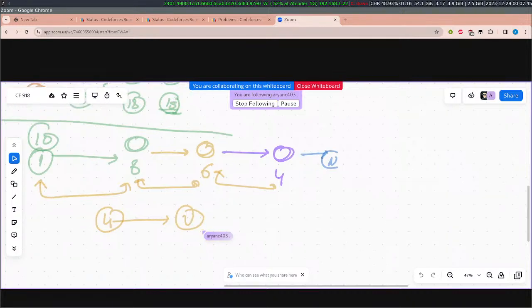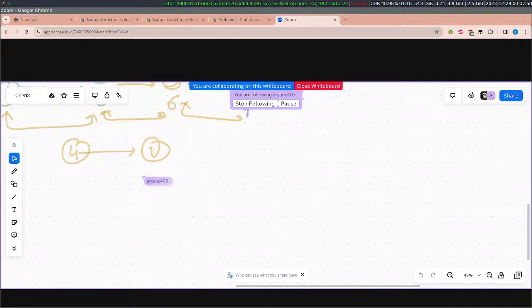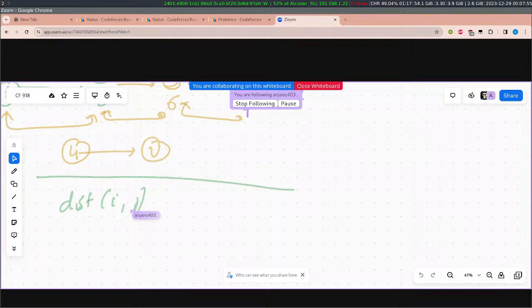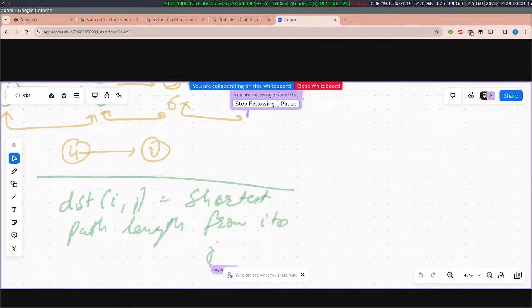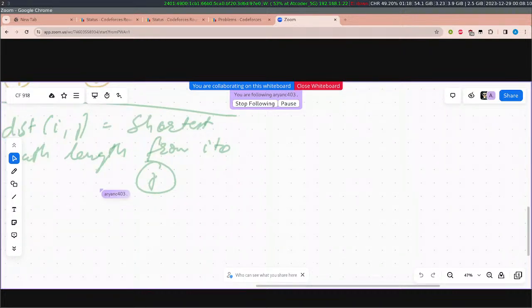So once we have found these observations, first we need the shortest distance between each pair of nodes. Let's call it d(i, j). There are many ways to do it.